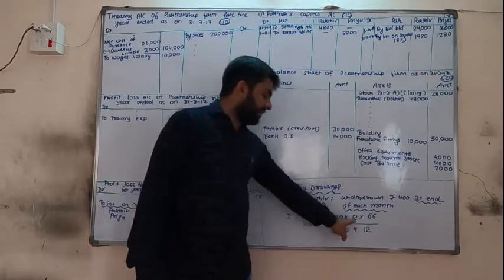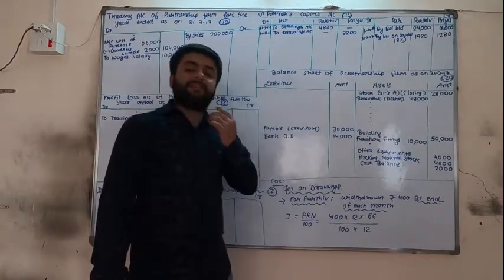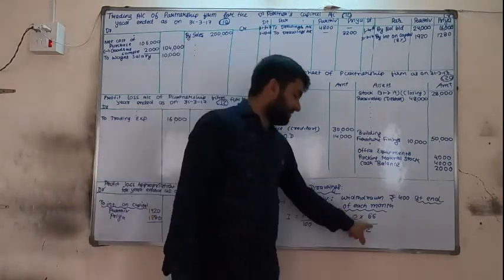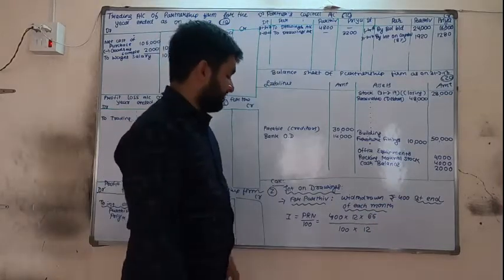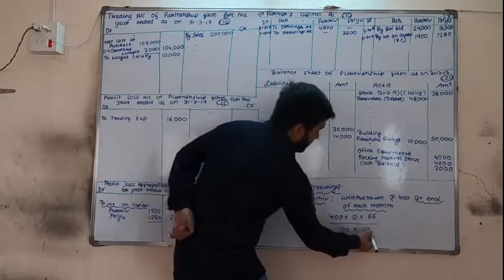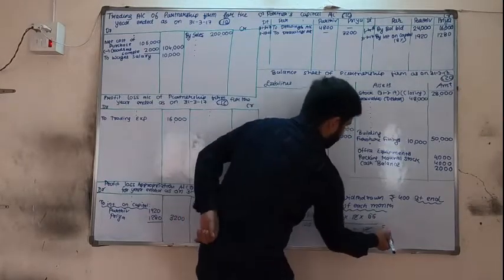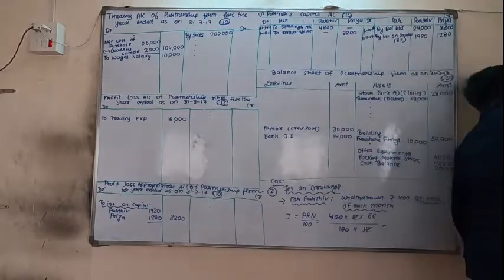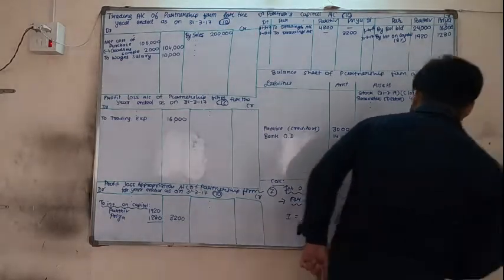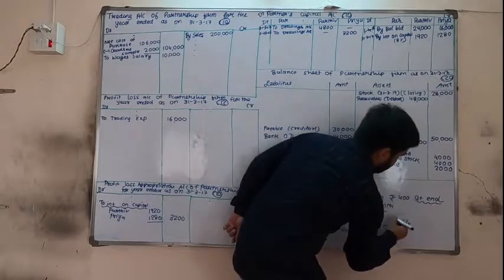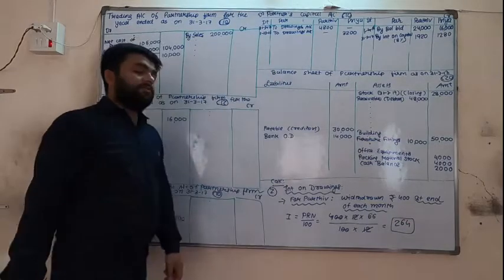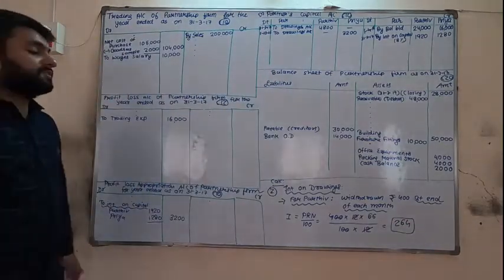Whenever we use the formula, don't write the percentage directly; the amount is 12. N is 66 by 12 as it is end of each month. Now this 12 gets cancelled, the 0 gets cancelled, so 66 into 4 is 264. So Parthiv's interest on drawings is 264.